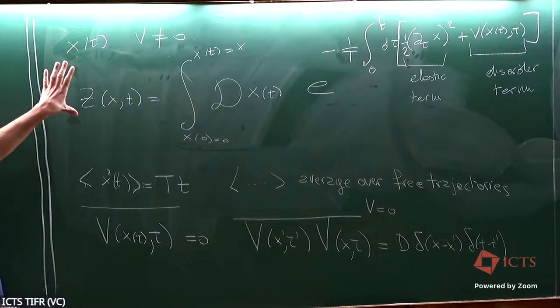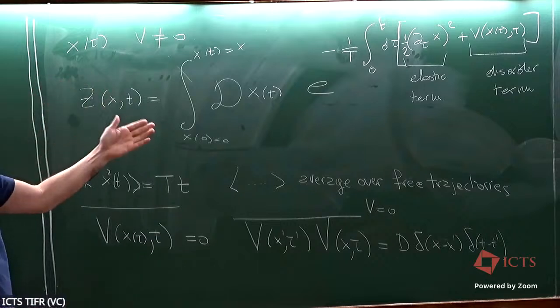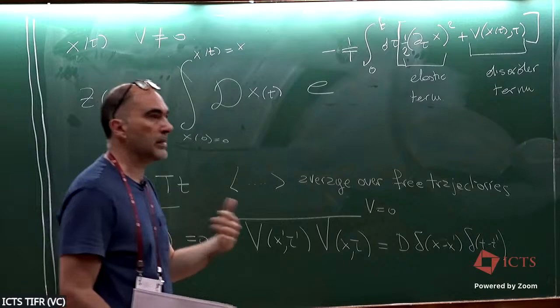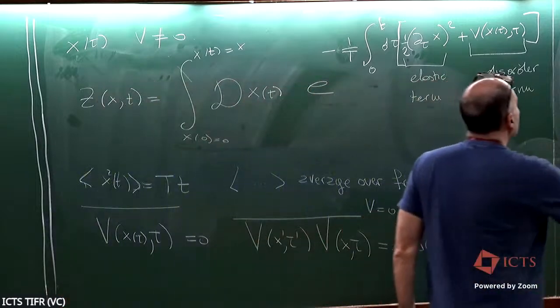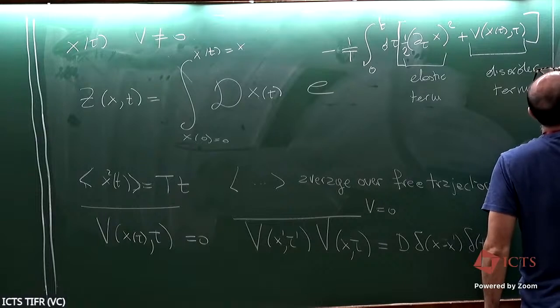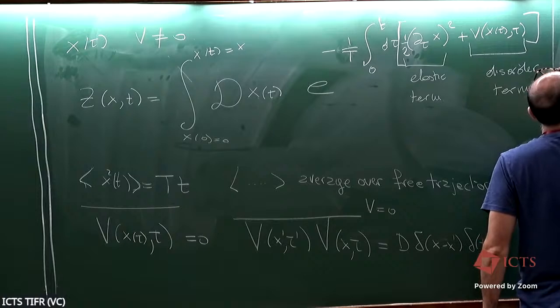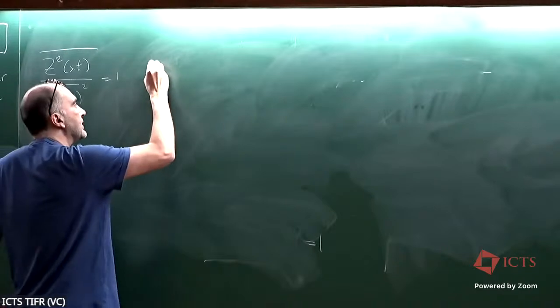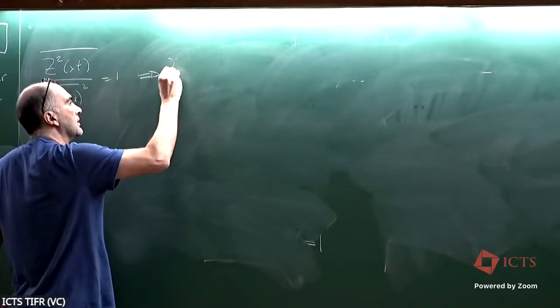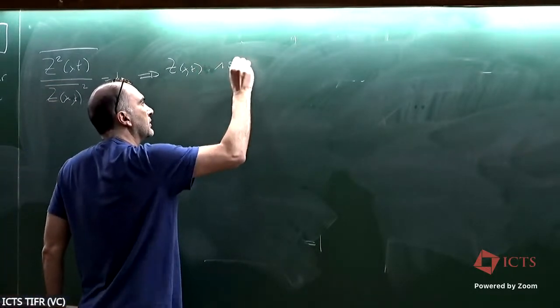This is a random object, and we want to average this over the disorder and look at the first moments to see if it's glassy or not. Remember, the condition was: if the average of Z squared of x,t divided by the square of the average of Z of x,t is equal to 1, then Z of x,t is self-averaging.